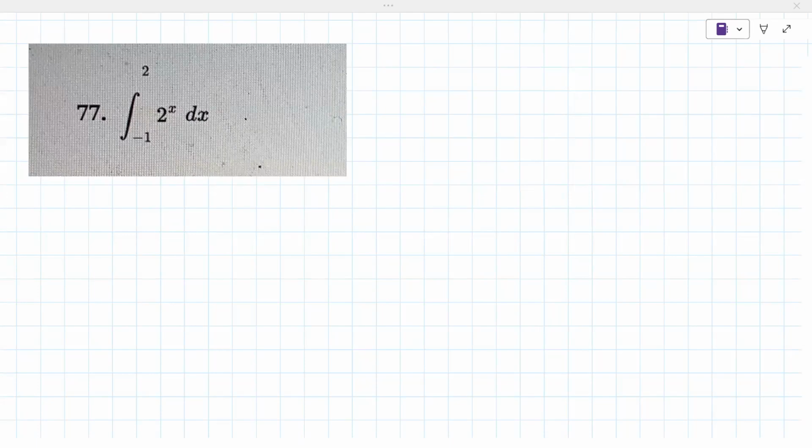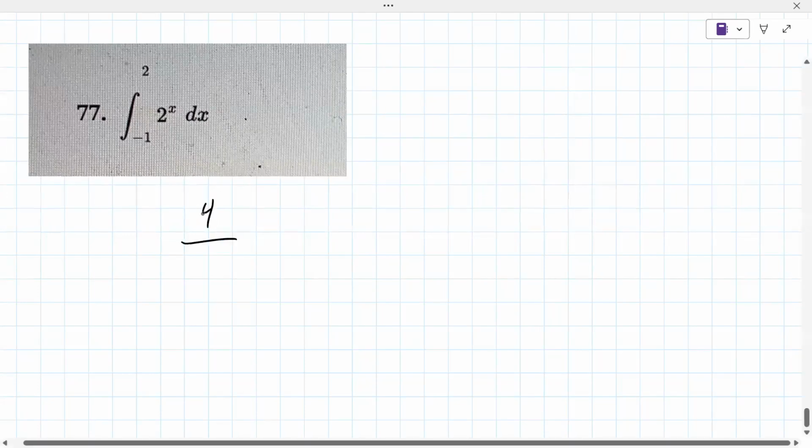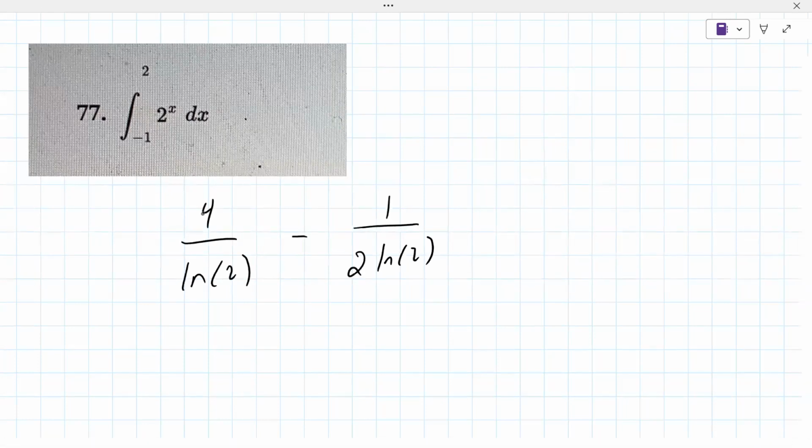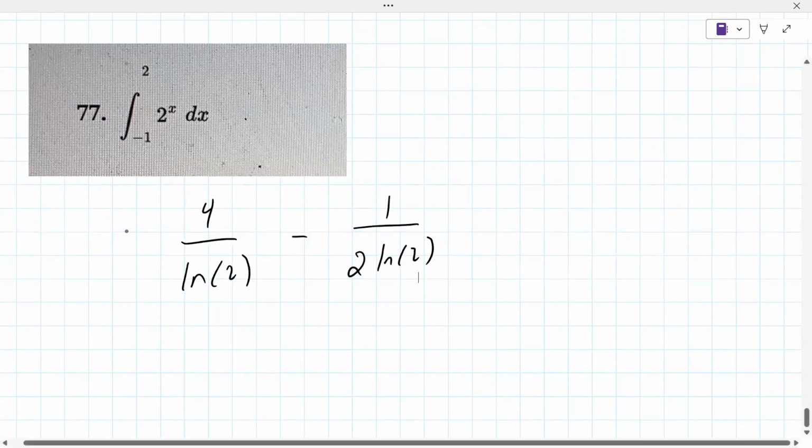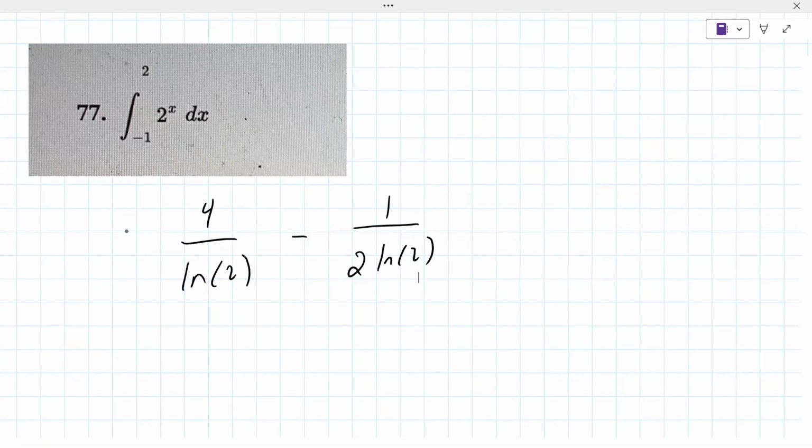Okay, 4 over natural log of 2 minus 1 over 2 times the natural log of 2. So good news on that front: sometimes you get a nice answer, and that's what you got. All right.